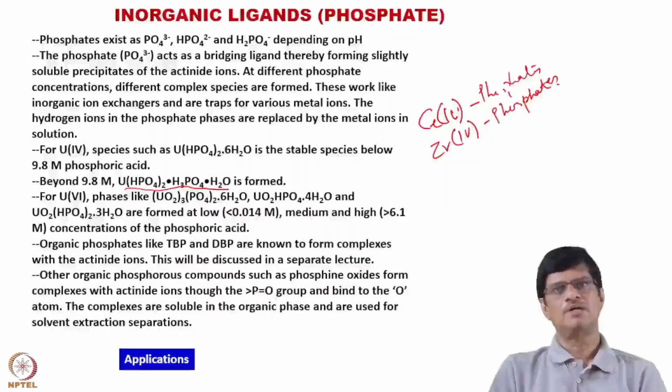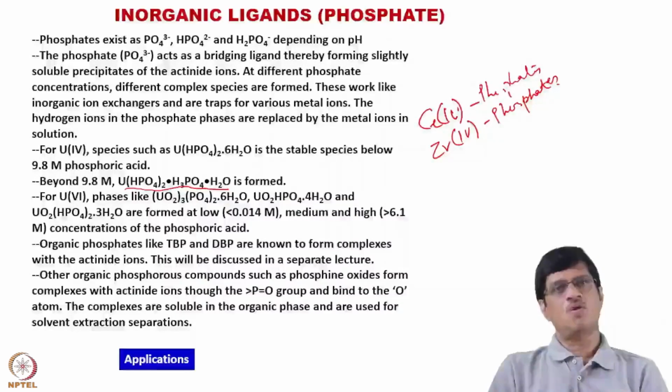Also, in this phosphoric acid medium, uranium present in the wet process phosphoric acid is a secondary source of uranium. Around 100 to 150 ppm of uranium is present, and from this medium also uranium separation is done. So this is another application of the phosphate complexes for uranium.